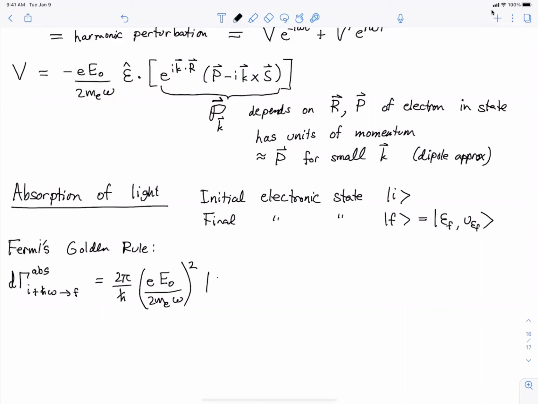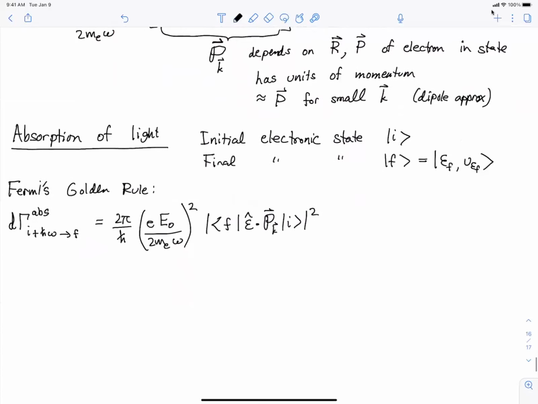Then I have the rest of my matrix element, which is the matrix element of the polarization dotted into my curly P operator. Okay, and then that's it, except for the density of states factors. So I have to write those down, and I have to write my delta function.